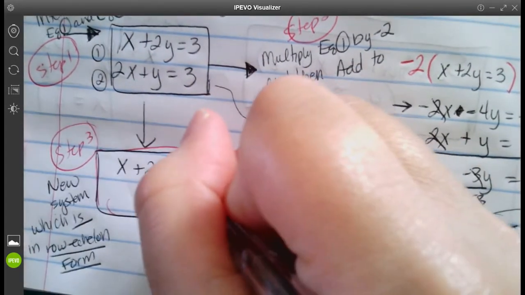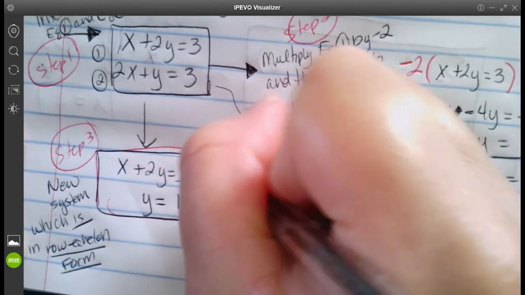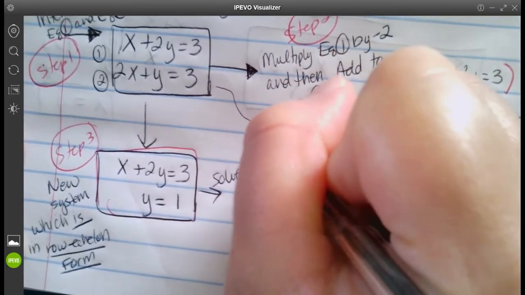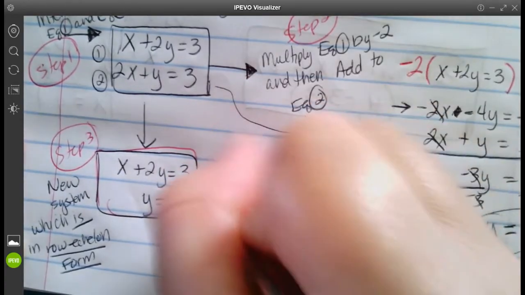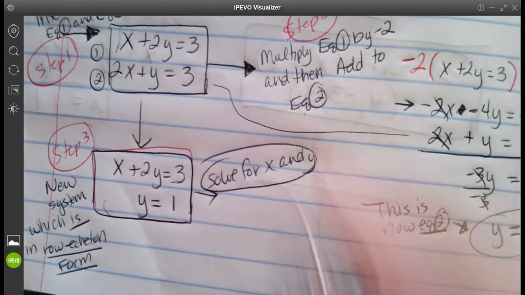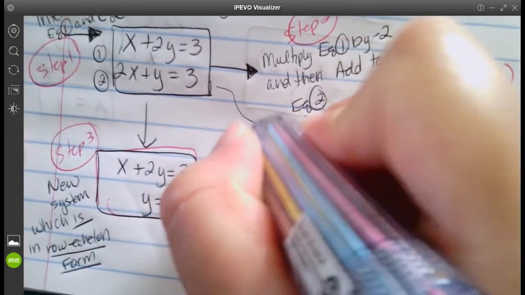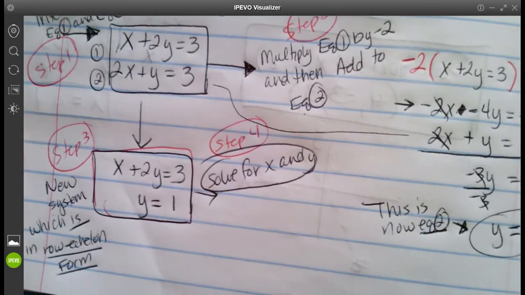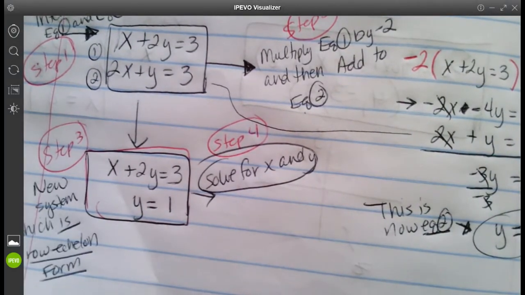From here, we're just going to solve for x and y, which would be our step 4 in this problem. I don't want to make the steps general because it depends on the problem. Some of them have a lot of steps, some of them just have a few.